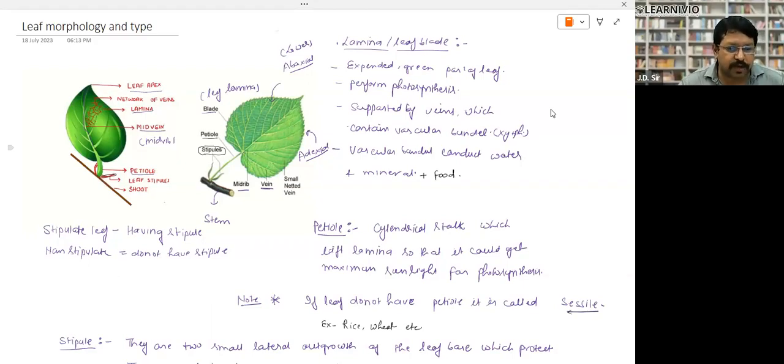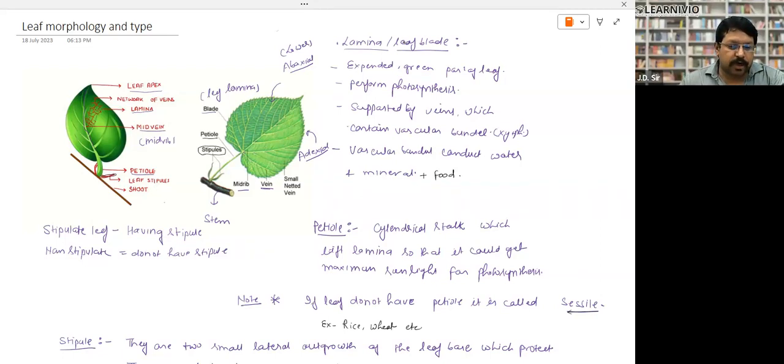So the function we know: lamina or leaf blade, its basic function is photosynthesis, right? And it is supported by the veins, and it contains vascular bundles. So these veinlets are vascular bundles. They supply water and minerals to every cell for the sake of growth, for photosynthesis, and all that.